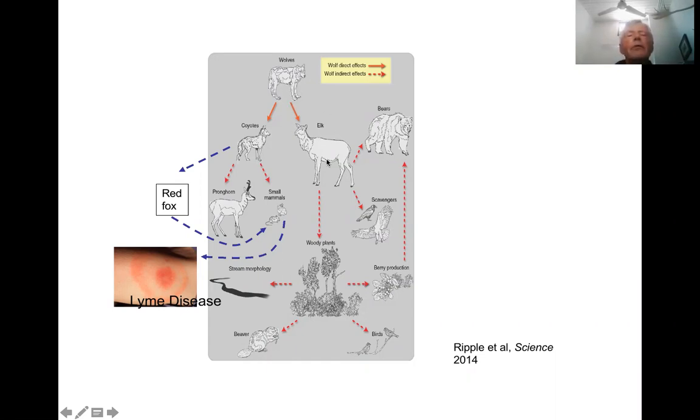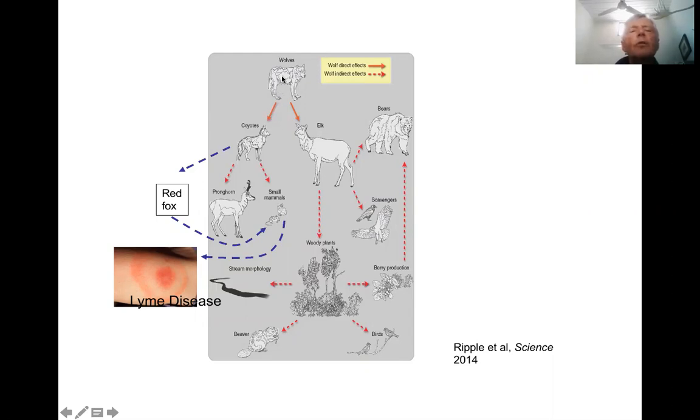That's the pathway we've discussed, from wolves to elk to woody plants and back on into the ecosystem to influence berry production and birds and water table and all the rest of the stuff that's so important to the basic configuration of the ecosystem, to other very charismatic species of considerable interest to people like bears. The other pathway that is becoming now well known goes from wolves to coyotes.